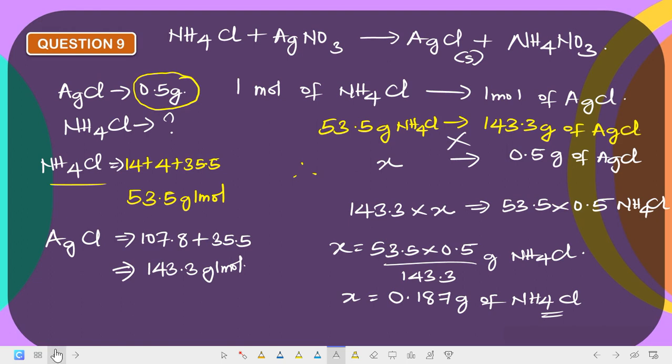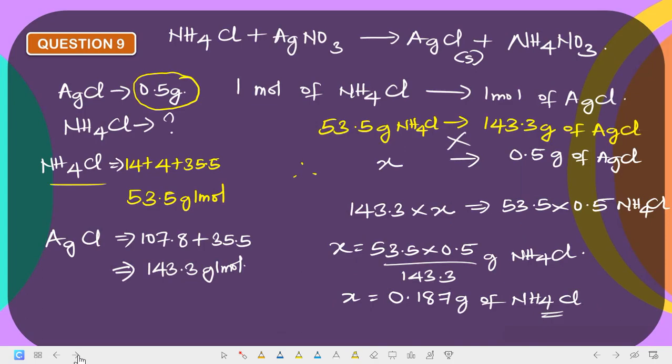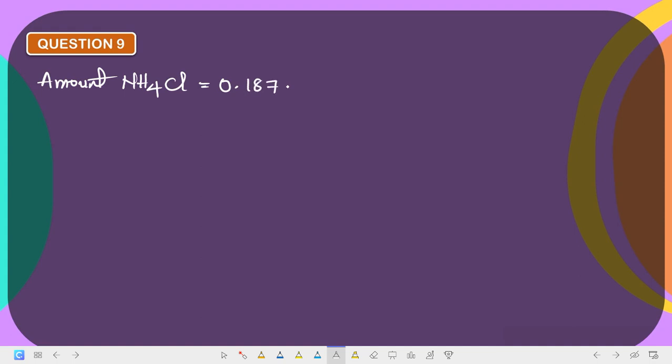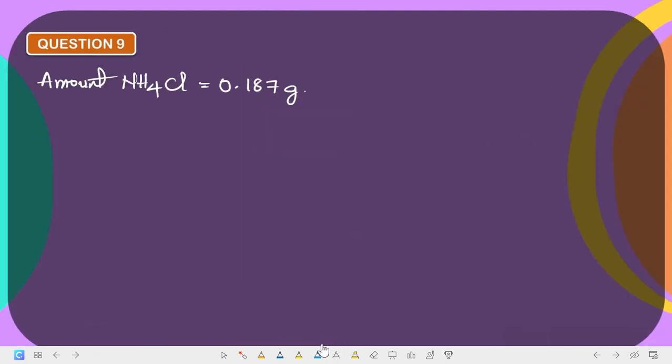Now, the next question says, what is the amount of chlorine present in ammonium chloride salt? To solve this, you are going to say the total amount of ammonium chloride is equal to 0.187 gram. I think that's what we calculated just now. Now, in ammonium chloride, what is the proportion of chlorine?